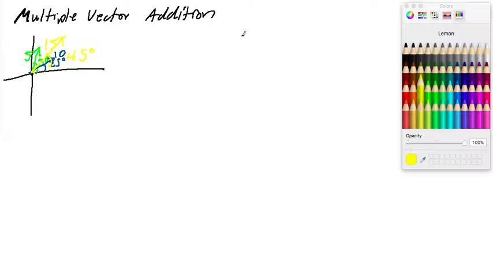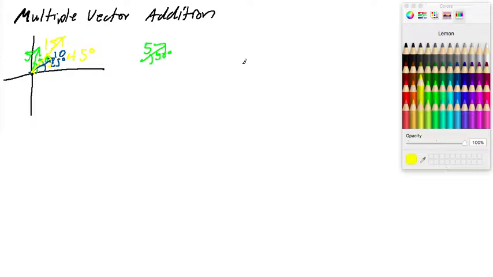So now what we're going to do, we're going to treat each vector as if it was an individual vector, like we had said before. Let's break it down into its components. We have first vector, magnitude 5 at a 50 degree angle.